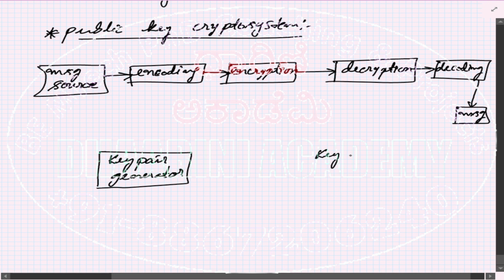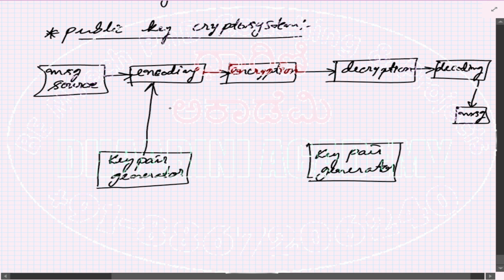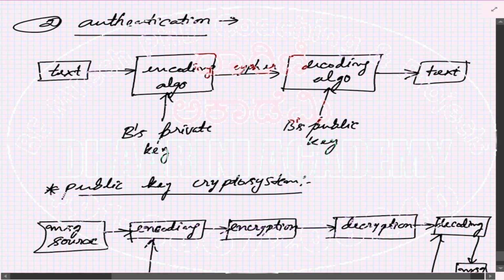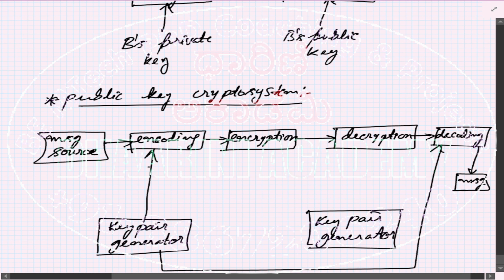So you have a key pair generator on the other side as well. This key pair generator is used for the encoding and the decoding, correct? That's how I connect this one. So this key is generated. If I go back to the encoding process, you can see that the encoding algorithm needs B's private key on one side and B's public key on another side. So that's the pair, correct? That's why it is connected in this fashion.